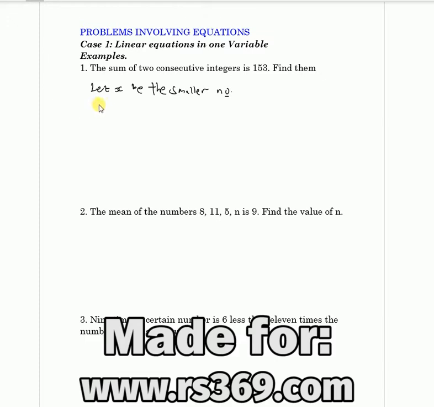They gave us that their sum is 153. So the smaller number, which is x, plus the larger number, which is x plus 1.